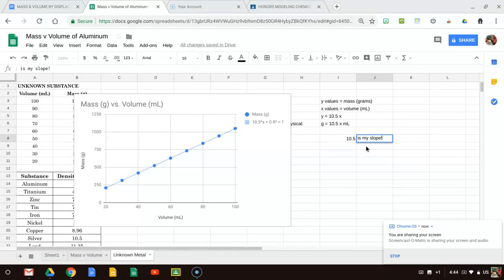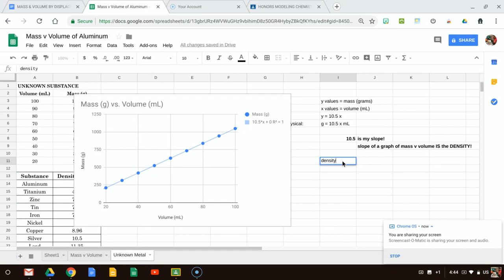And if you remember from a previous video, the slope of a graph of mass versus volume is the density. All right, and you're going to have to know this. I'm bolding it. You're going to have to know that if I have an equation for a line, and I look at my slope, it doesn't matter what my b-intercept or y-intercept is. If I look at my slope, that slope is the density.